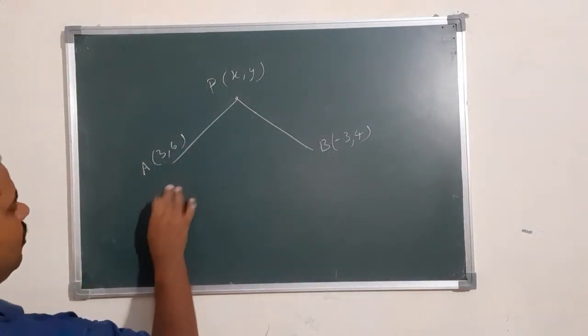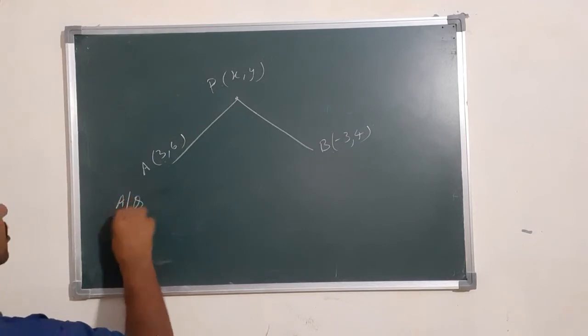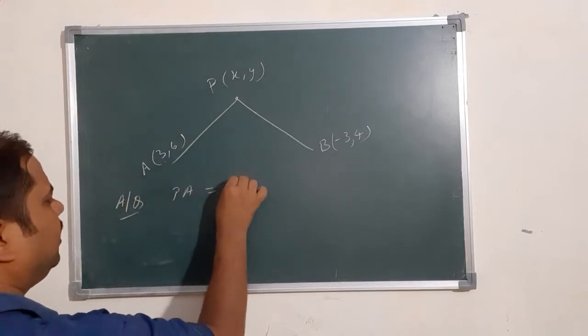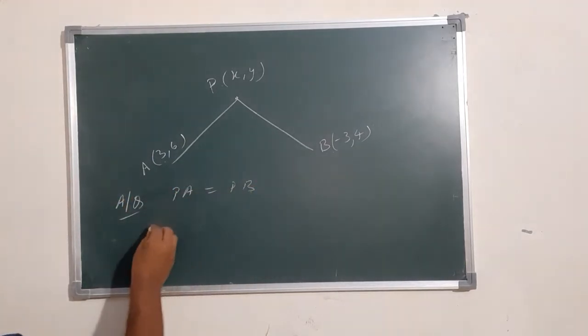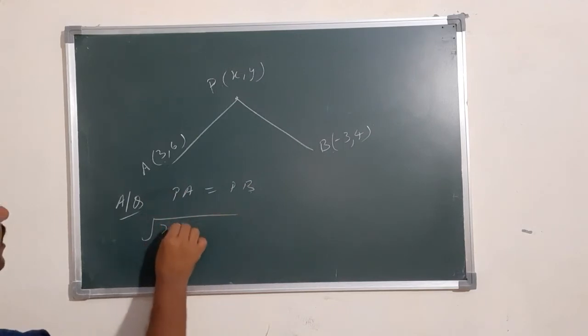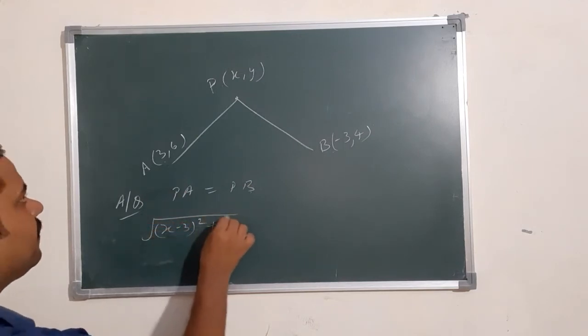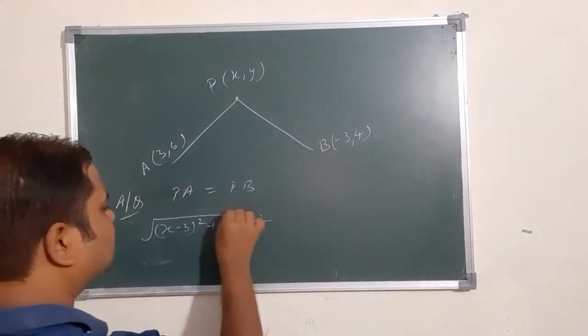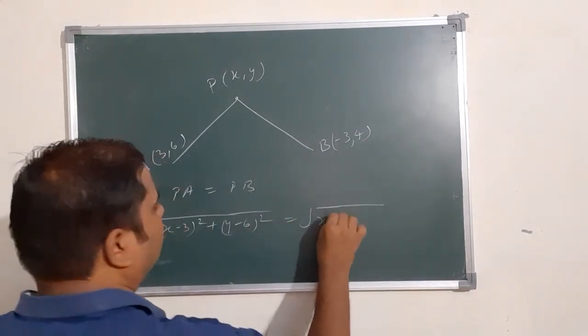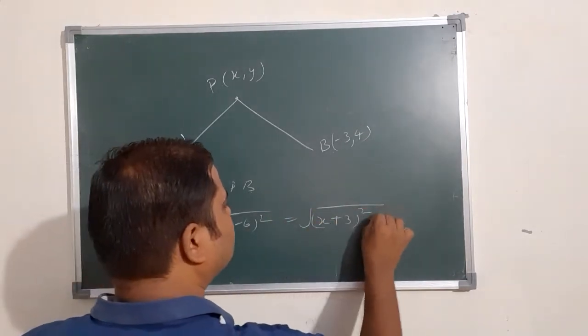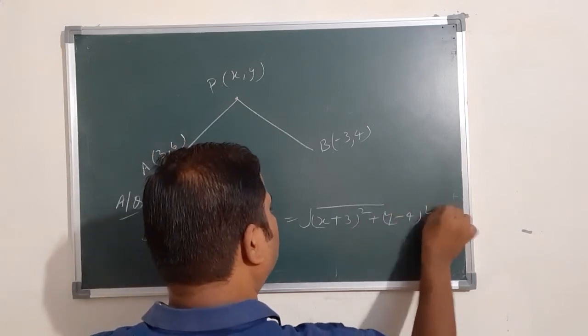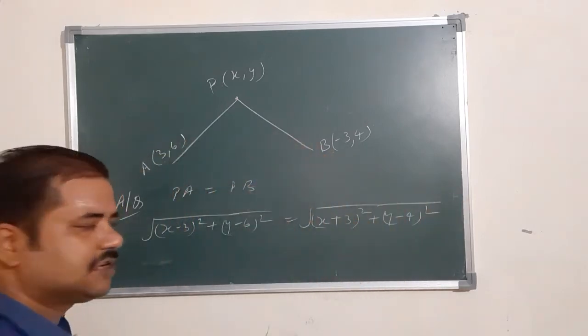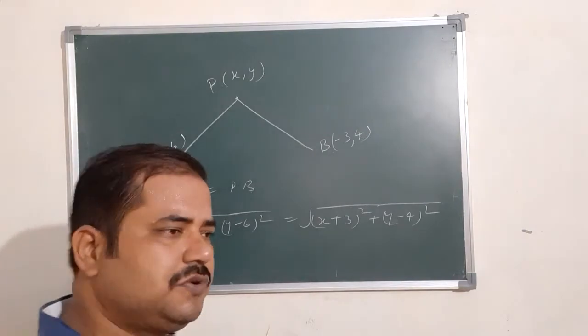So according to the question PA is equal to PB, and then PA is what? Root of (x−3)² plus (y−6)², and this is nothing but root of (x+3)² plus (y−4)². Why? Because (x1−x2) and (y1−y2) whole squared.